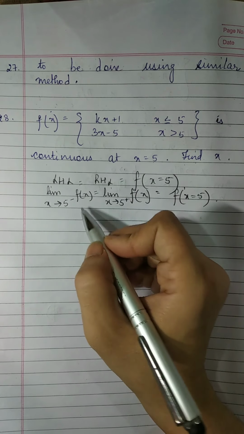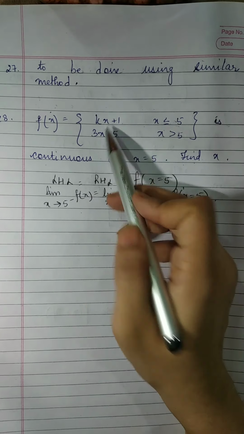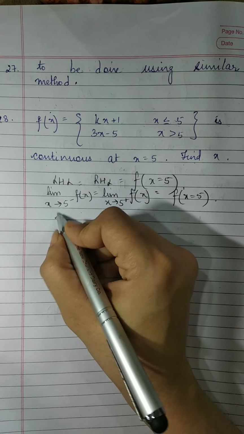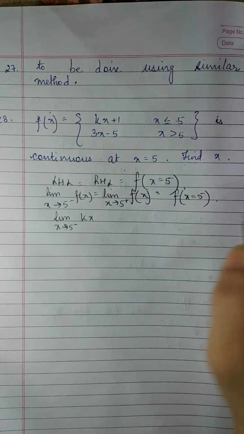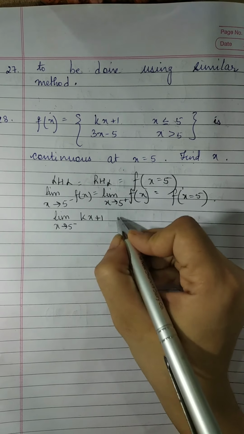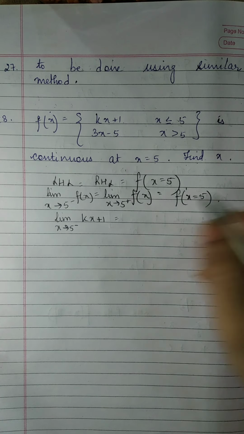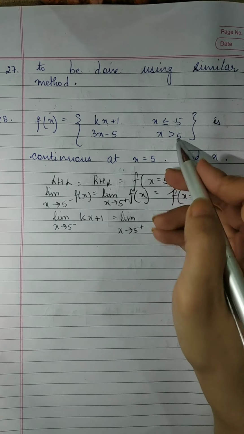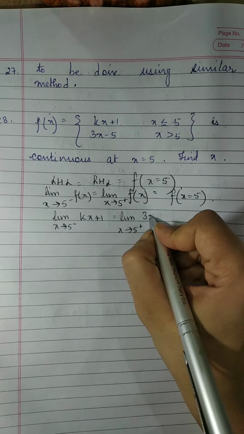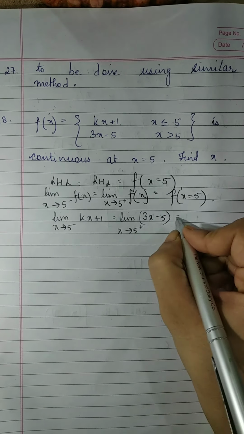So limit x tends to 5 negative, that is less than 5, the function is kx plus 1. So it's kx plus 1 is equal to limit x tends to 5 positive, greater values, so that's 3x minus 5. That's the function.